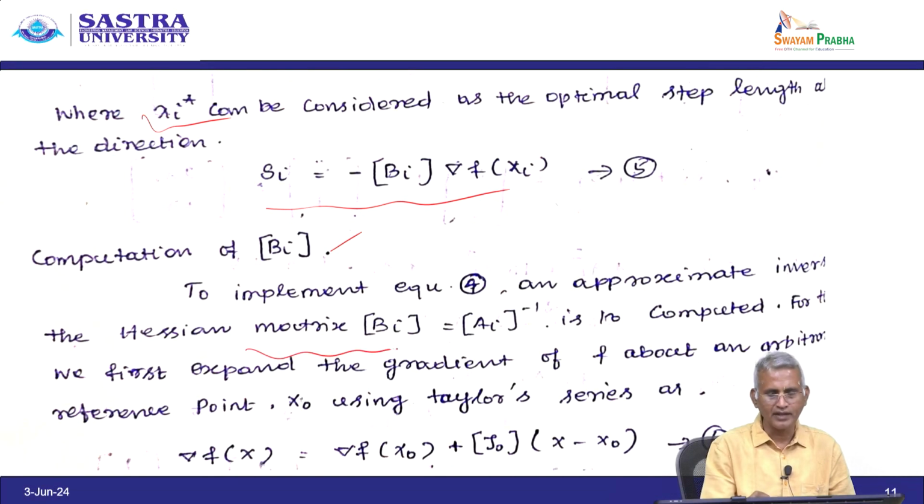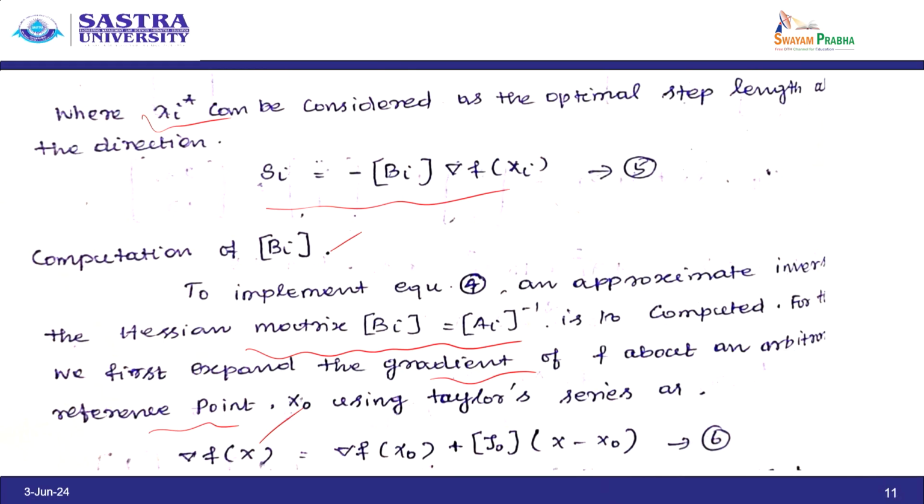So, the Hessian matrix Bi equal to Ai inverse is to be computed, and for that, the first expansion of the gradient of f about an arbitrary reference point x naught using the Taylor series is del f of x equal to del f of x naught plus J naught of (x minus x naught) plus so on. We restrict to the approximation, so the first two terms you have to take, so that equation 6 is reduced.